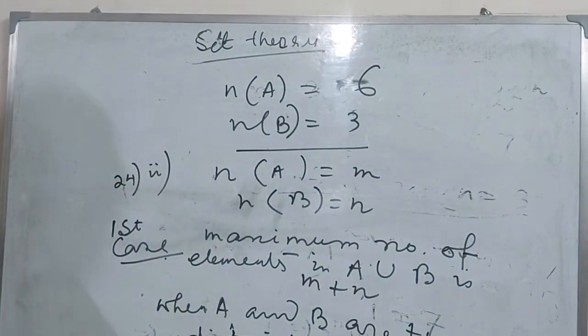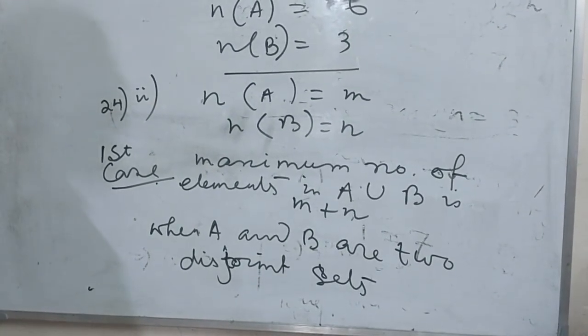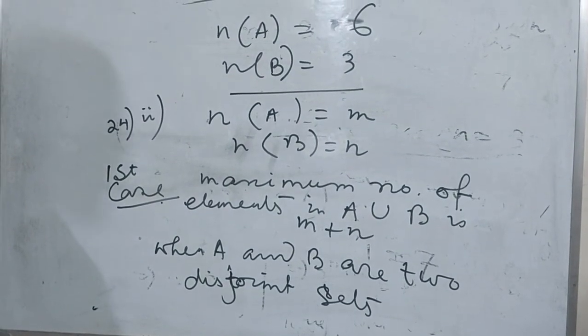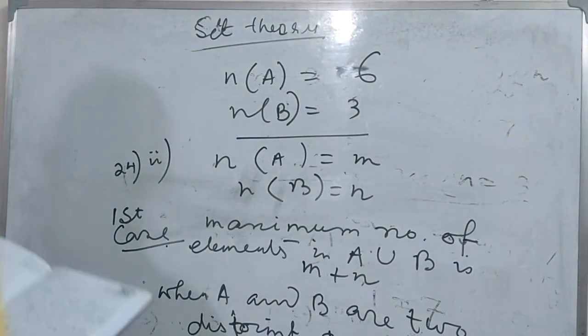That means they have no common element. Disjoint sets means they do not have any common element.